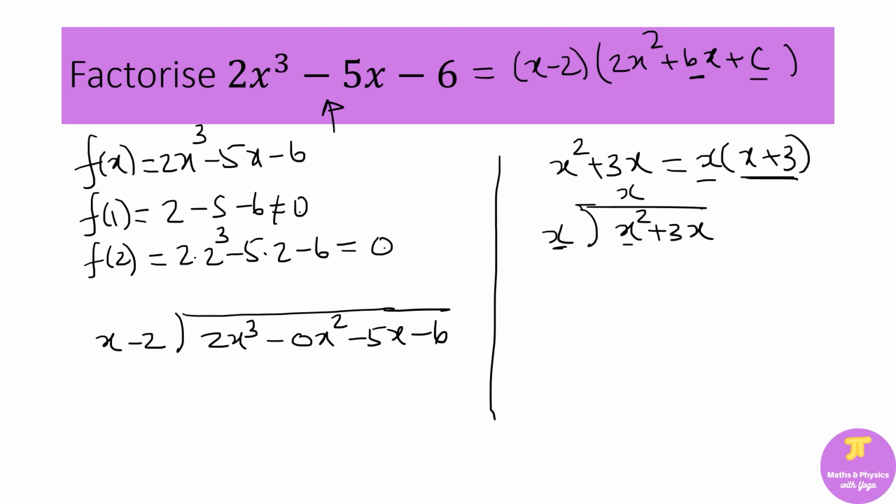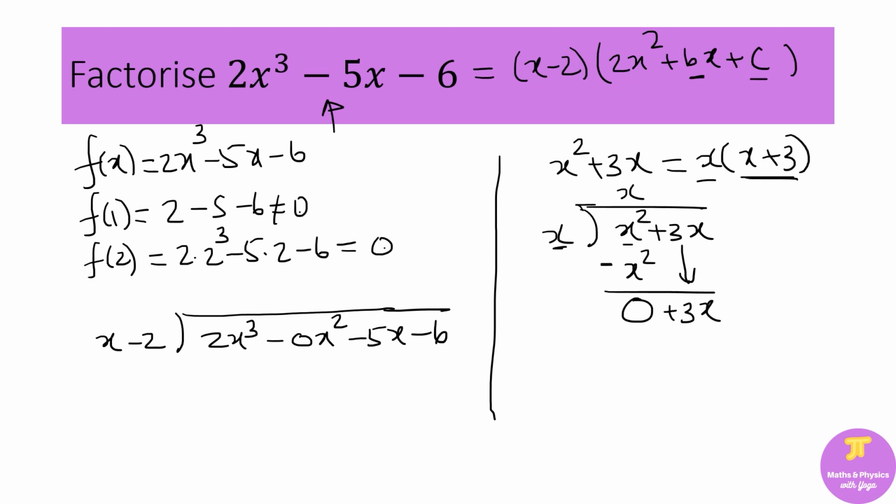So x times x is x squared. We write the x squared below and subtract it from the top. x squared minus x squared gives 0. Then we write down the 3x as it is.